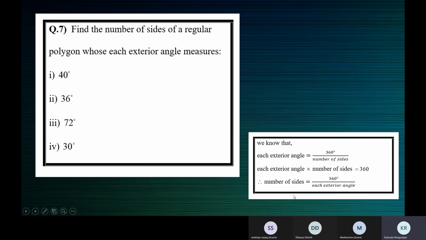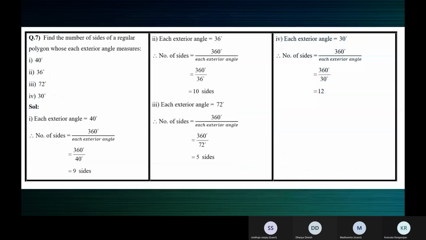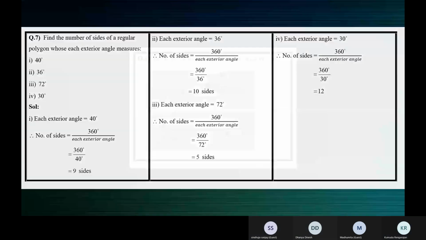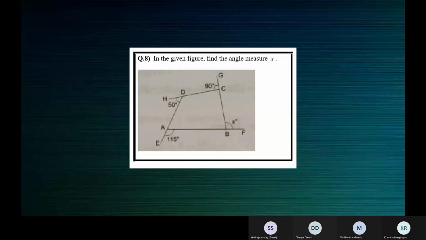Number of sides is equal to 360 by each exterior angle? No, right? Oh, we understood this, is it? Yes, ma'am. I think we have to do this. This we have not completed, correct? Yes, ma'am.